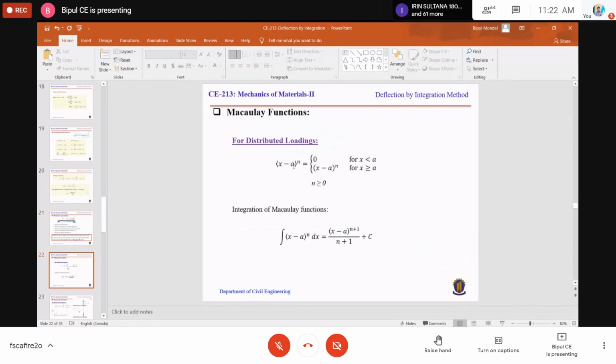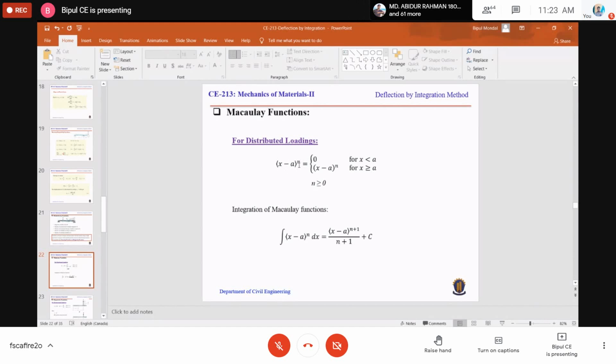This one is variable, and a is the distance corresponding to the load, and n is the exponential constant. This one is not a first bracket, second bracket, or third bracket. This one is known as a Macaulay bracket.